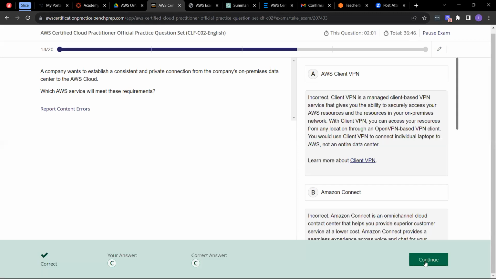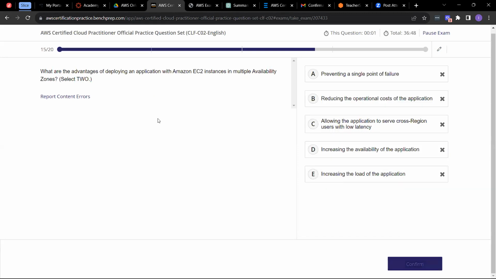So it's direct connect. What are the advantages of deploying an application with Amazon EC2 instances in multiple availability zones? We are selecting 2. I think we answered this earlier: we talked about single point of failure and increasing the availability of the application. That's basically multi-AZ.